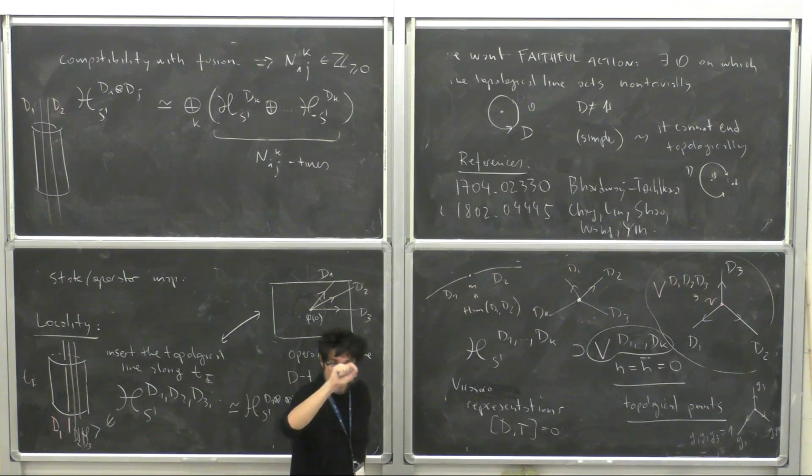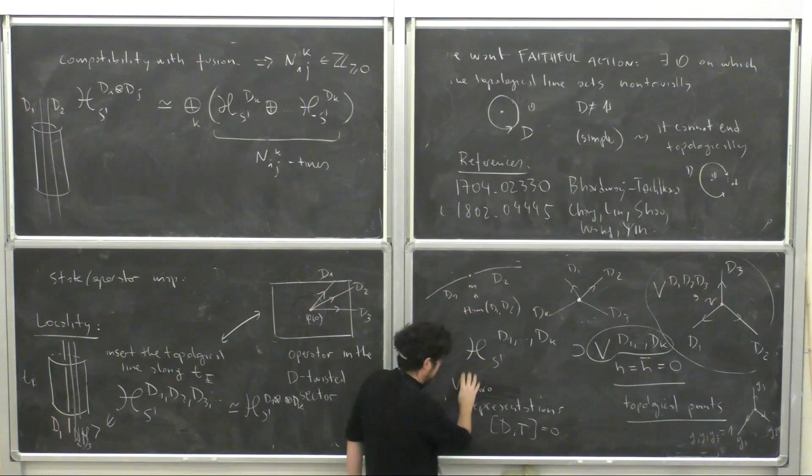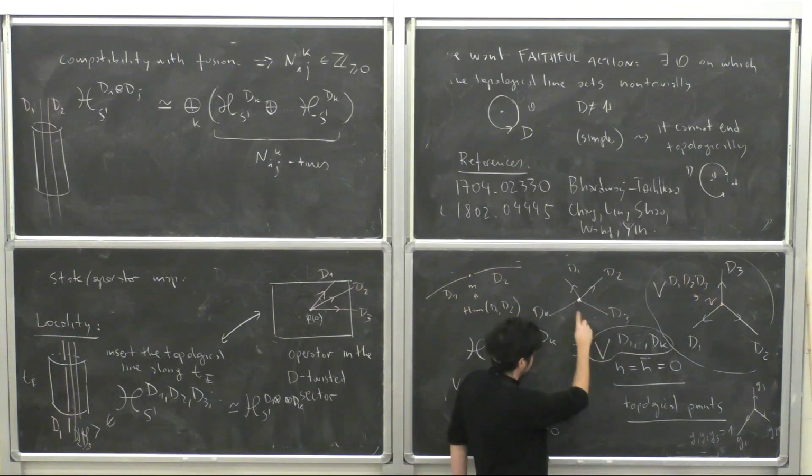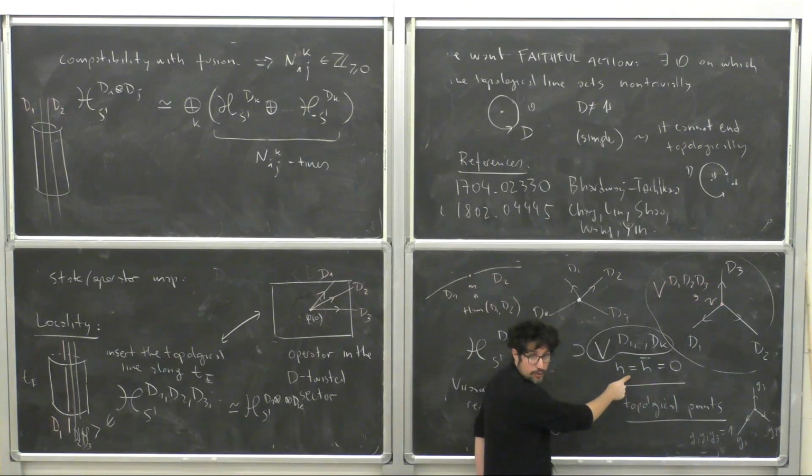It's a point that we can move around at no energy cost. So this is the constraint that defines it. Since the topological lines commute with Virasoro, they are graded by the Virasoro symmetry. The space of topological points or topological junctions is just a subspace of this one identified by this condition.